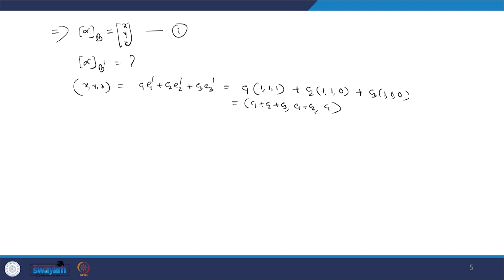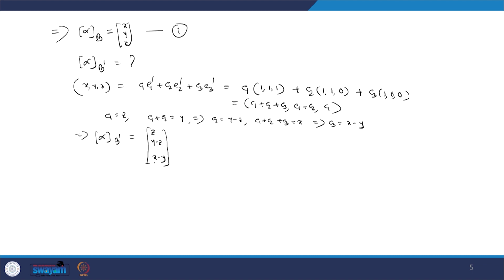So, comparing this, I am getting the equations: C1 equal to Z and C1 plus C2 equal to Y. This implies that C2 is equal to Y minus Z, and C1 plus C2 plus C3 equal to X implies that C3 is equal to X minus Y. So, this implies the coordinate matrix of alpha with respect to ordered basis B prime will be what? C1, that is Z, C2, that is Y minus Z, C3, that is equal to X minus Y.